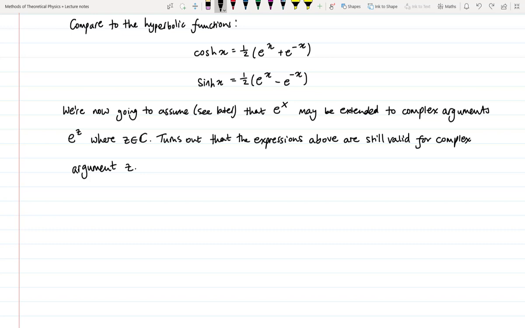Now, with this assumption, let's try setting z to i times x, where x is real.